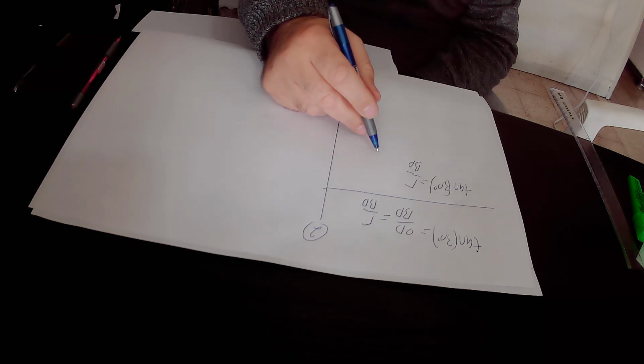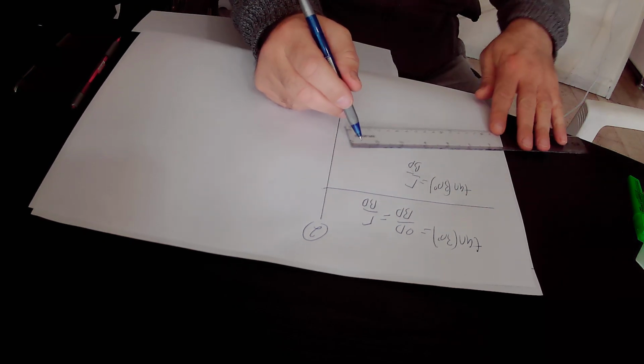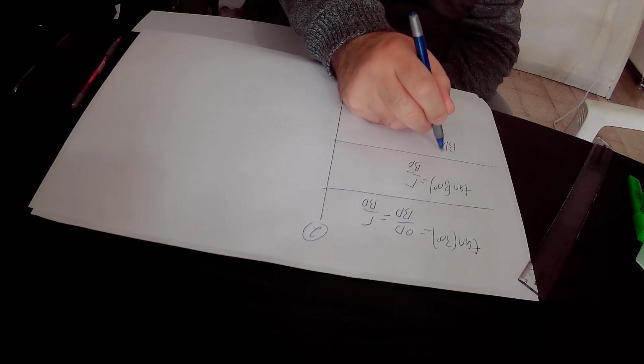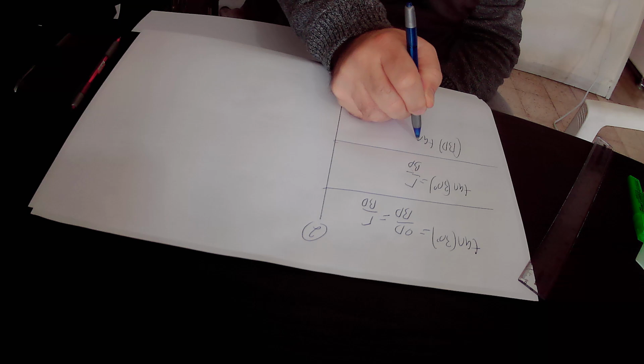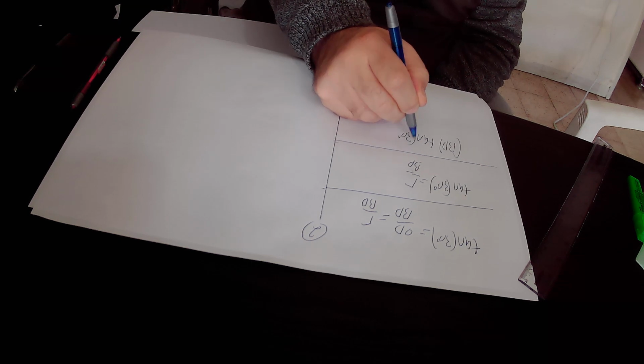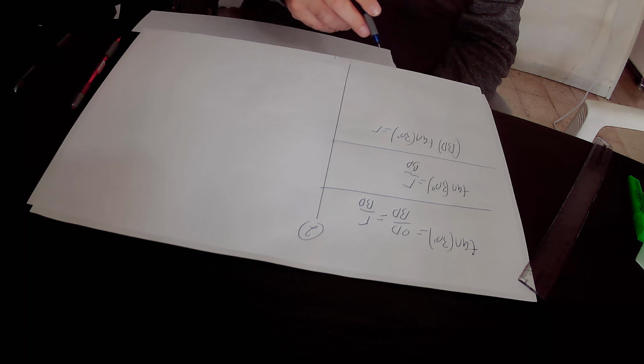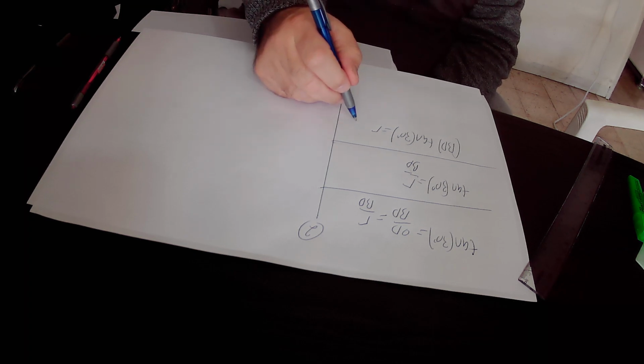Here we multiply this equation by BD, and we get that BD times tangent 30 degrees equals R.